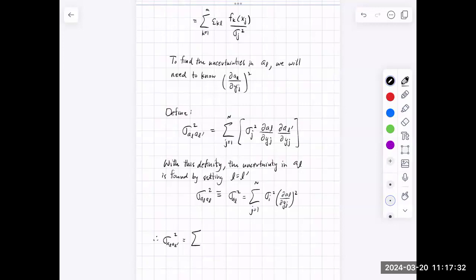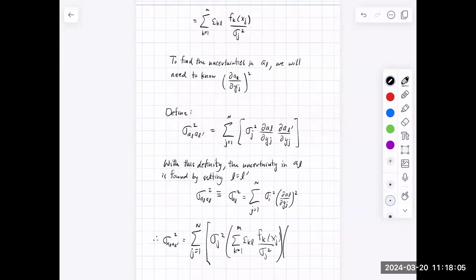This is going to be J equals 1 to N, and then we get sigma J squared. So we've written down this part. Now we put in the first of our 2 derivatives, in a bracket here. It'll be the sum of K equals 1 to M, epsilon KL FK of XJ over sigma J squared.